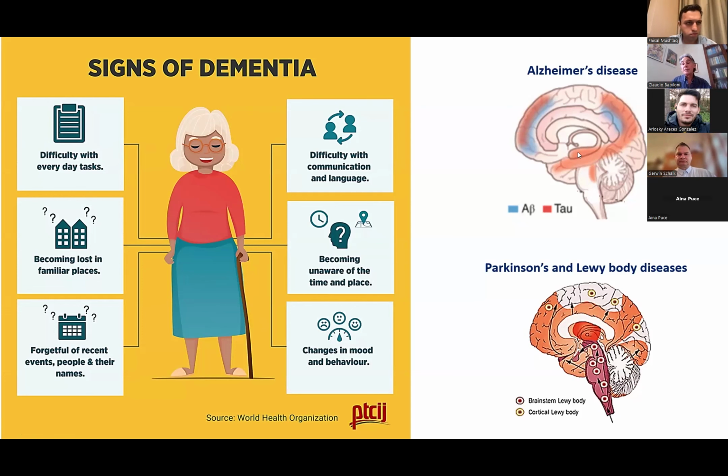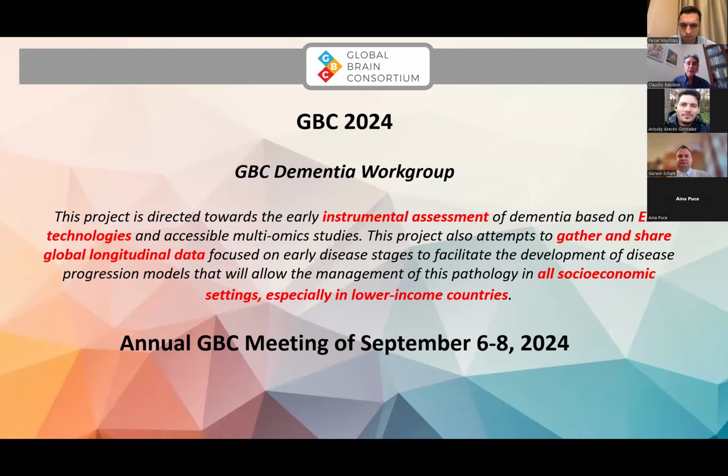And you see on the right side some brain pathologies related to accumulation of proteins in the brain: amyloid beta and tau in Alzheimer's disease, and Lewy bodies due to alpha-synuclein in Parkinson's disease and Lewy body dementia. And these are the main aging diseases related to neurodegenerative progressive processes in the brain. And this is the presentation of our dementia work group in the Global Brain Consortium.